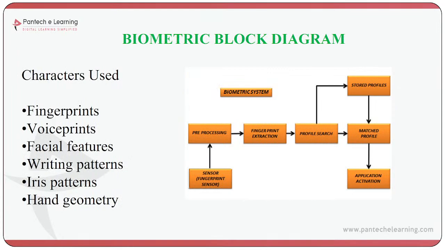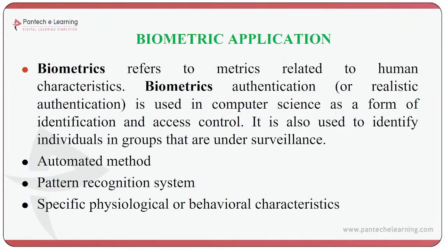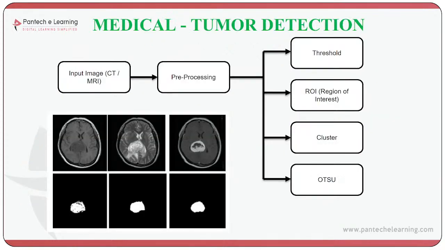Okay, next one is the biometric method. The biometric method also can use image processing techniques. Next, we can use image processing techniques in medical domains also for analyzing disease.